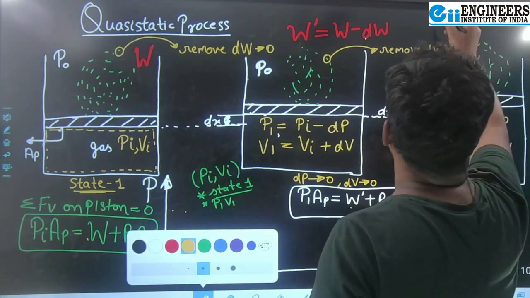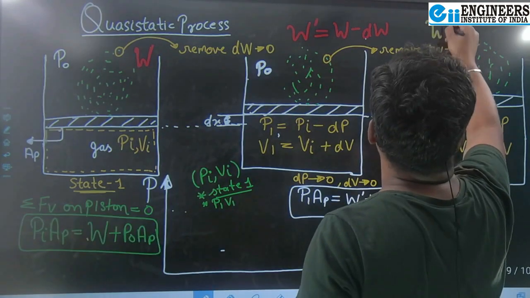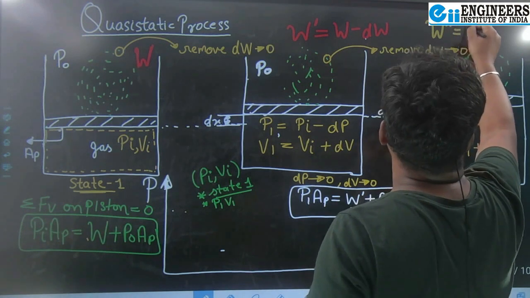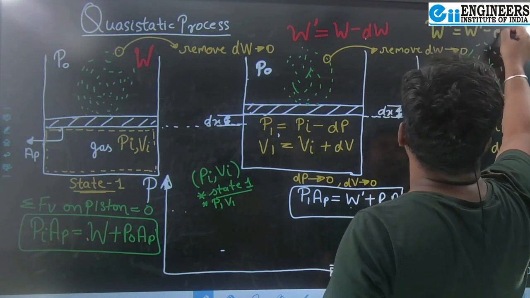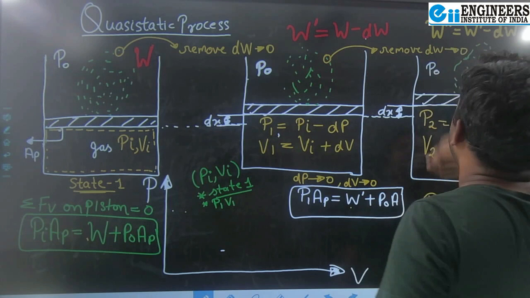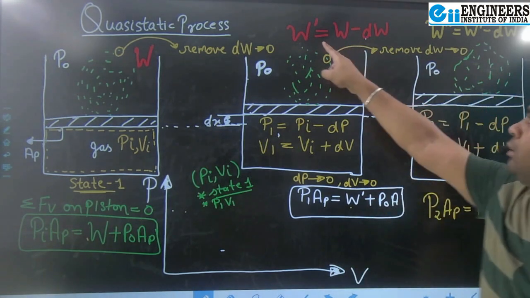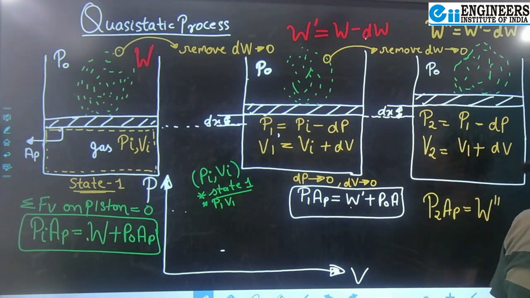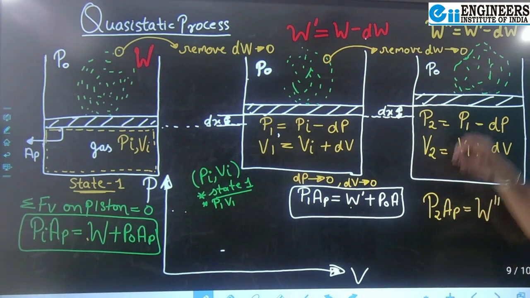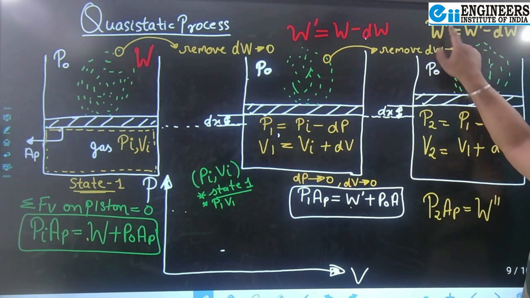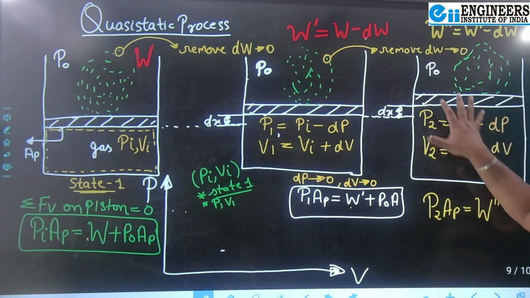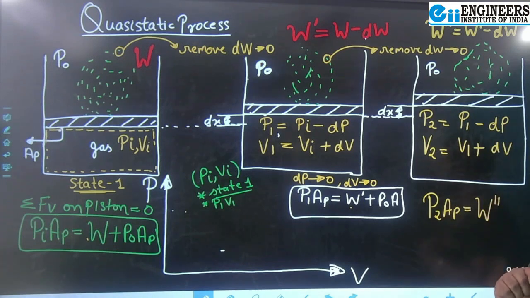So W double dash is equal to W dash minus dW, right? So a slight reduction of weight will be there from this weight to this weight because we have removed one more grain, right? Now under this new weight W double dash and this atmospheric pressure force, the piston will again be in equilibrium.